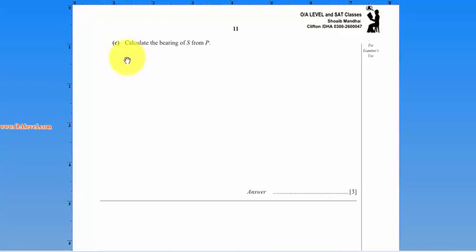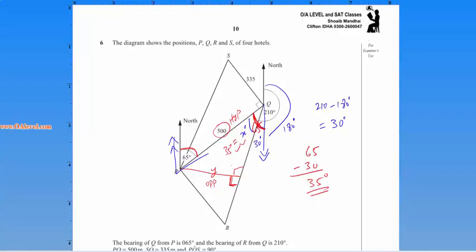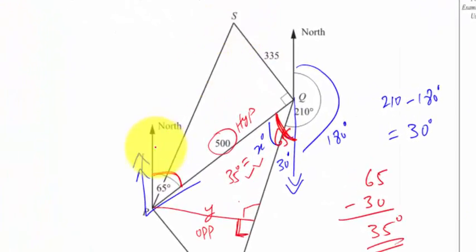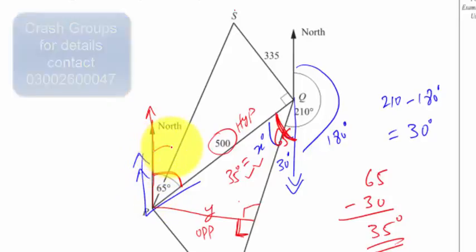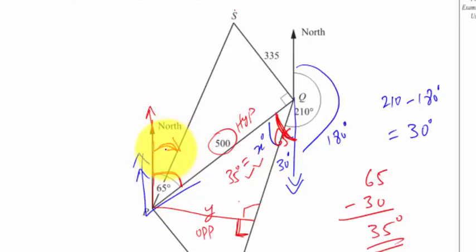The next part is calculate the bearing of S from P. So let's look onto the figure again. This is S from P. This means from P, the north from P. We are standing on the point P. We need to find this small angle.